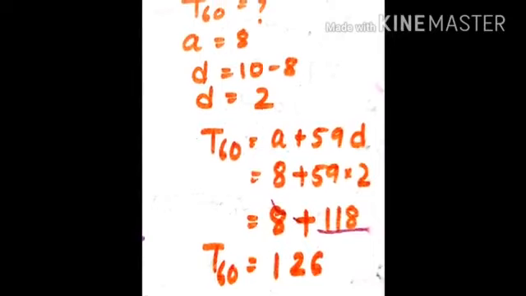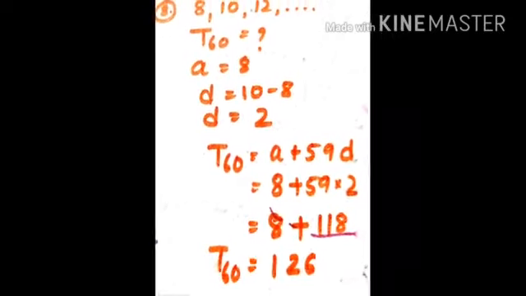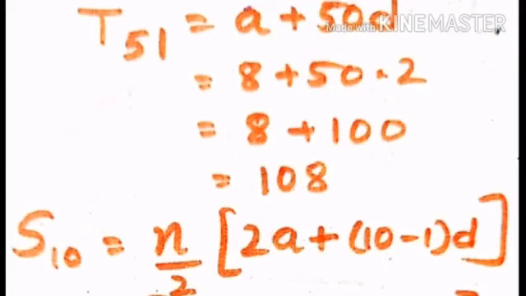So first of all we will now find term 51. Now this term 51 is the first term of the last 10 numbers. Like 51 to 60 are the last 10 numbers of this AP, and 51 is the first term of this last 10.